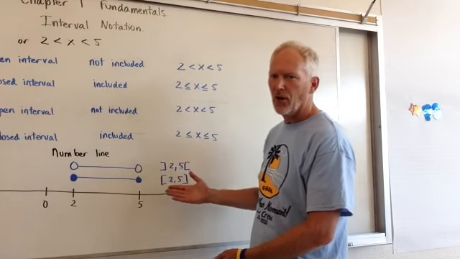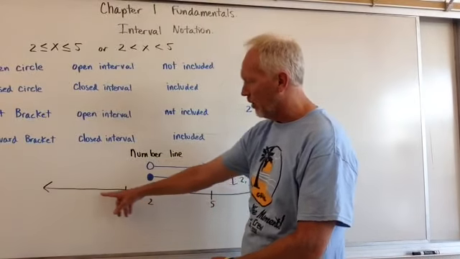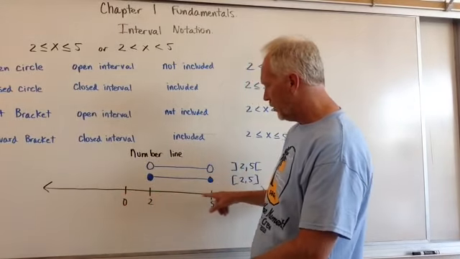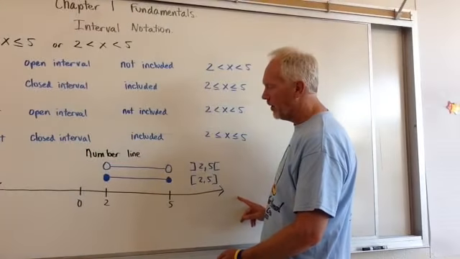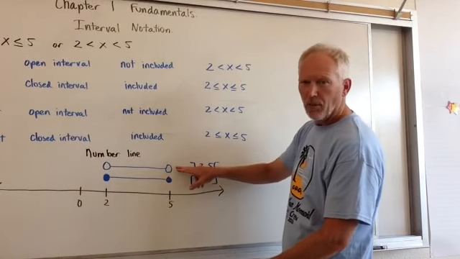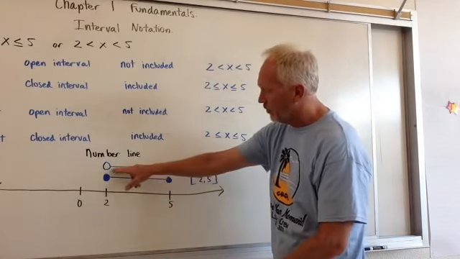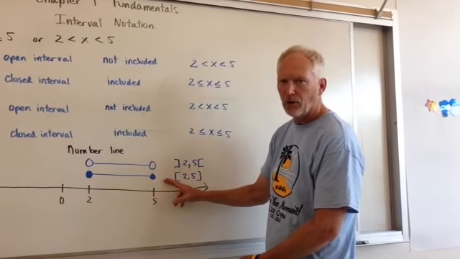If we were to look at this on a number line, we would see this situation. Here's my number line from negative infinity to positive infinity, with 0, 2, and 5. We could draw it this way, where 2 and 5 are not included, or where 2 and 5 are included.